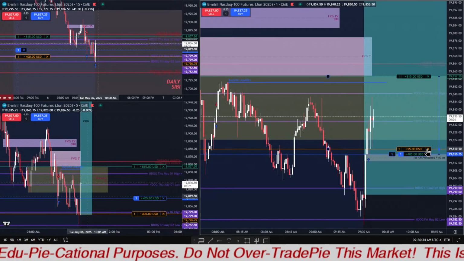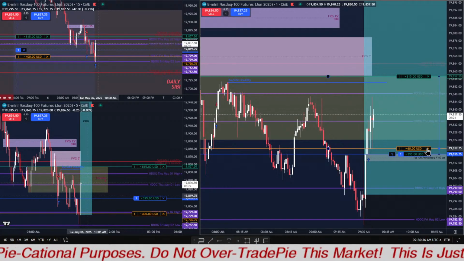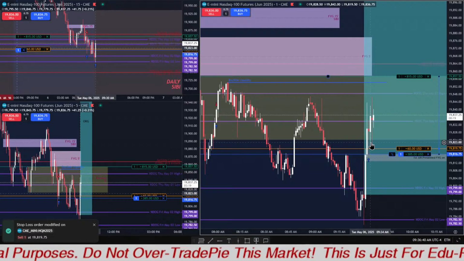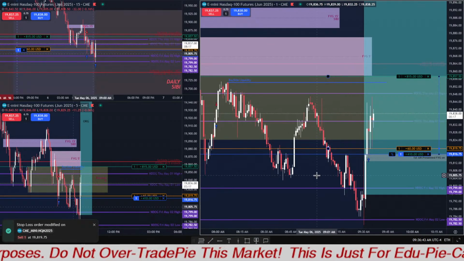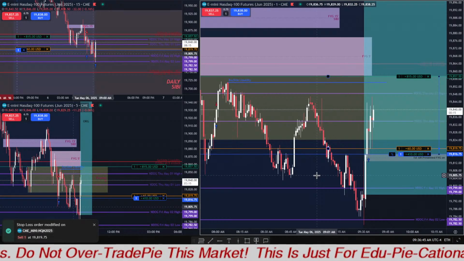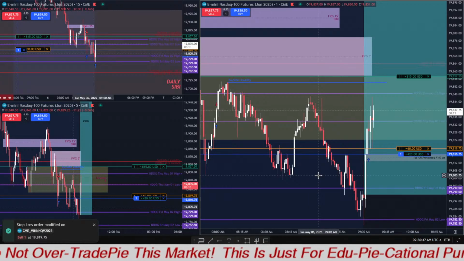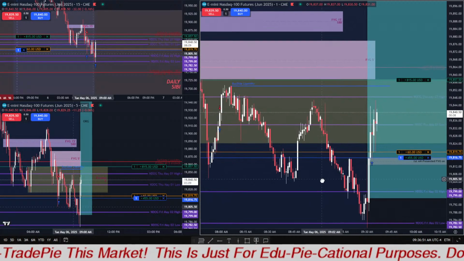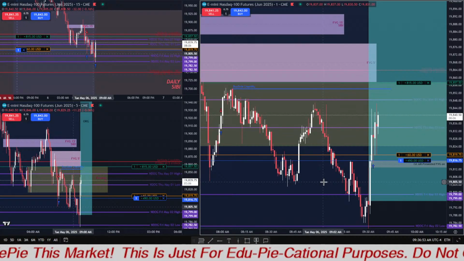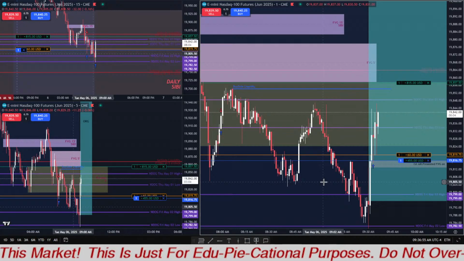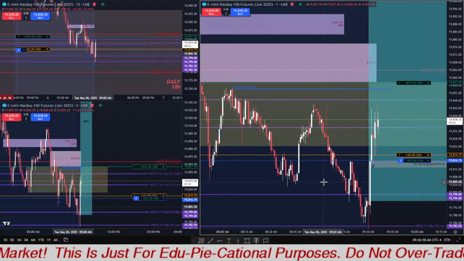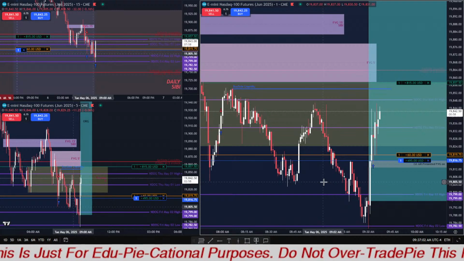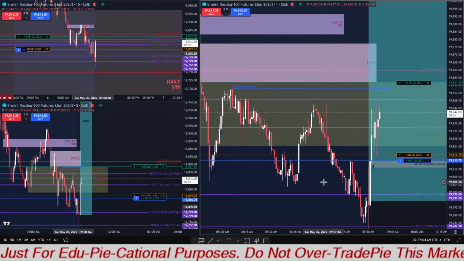I would like to trail my stop loss below the low of this white candle over here in order to cover the costs, and the market is not showing us a very good price run, so maybe we get stopped out. In this case we saved a little bit of money, so just waiting for the market to show us a little run.